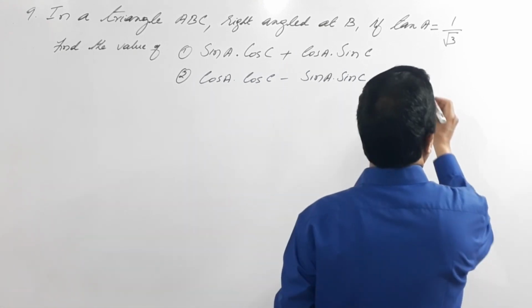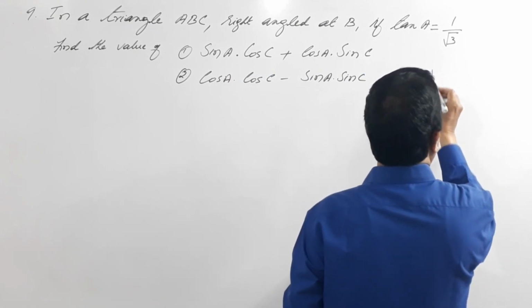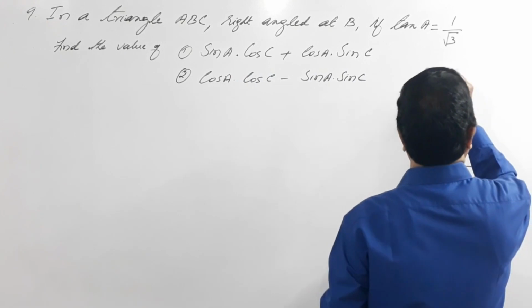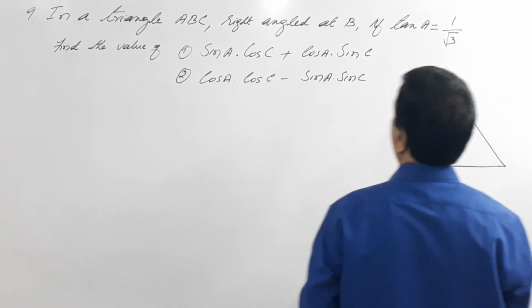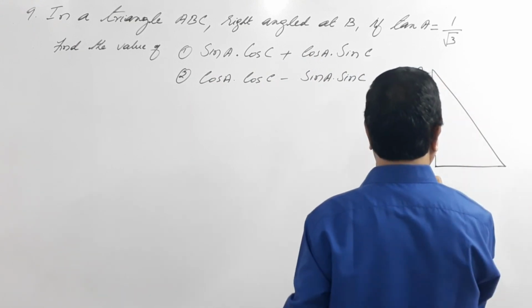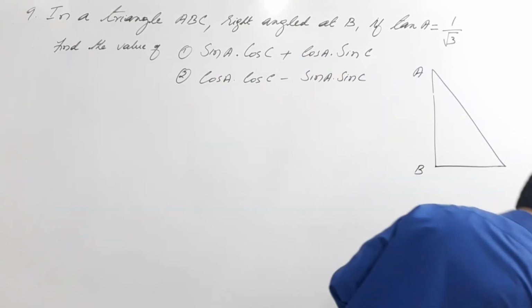So what is this? We will draw a right angle triangle. So what does this say? ABC. So A, B, C, I will draw this triangle.